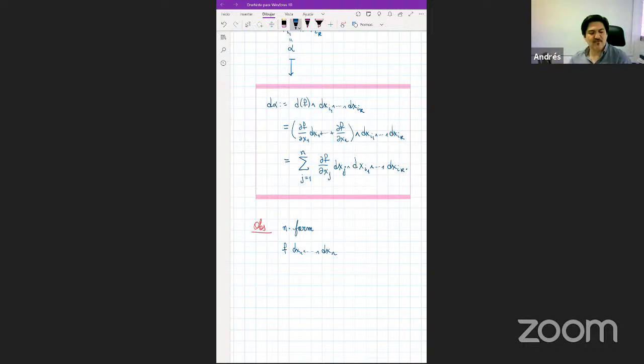And that's the general formula for an n form, because there's only one summand.